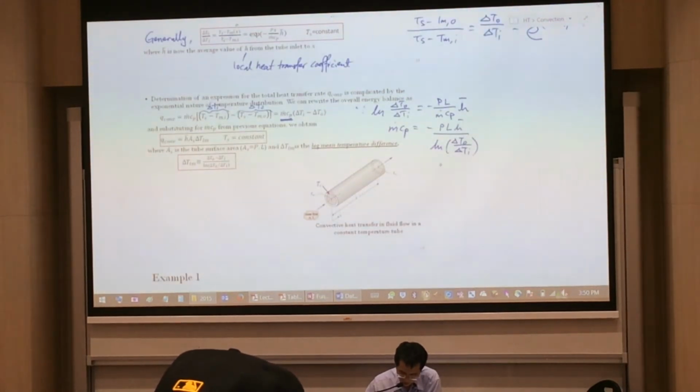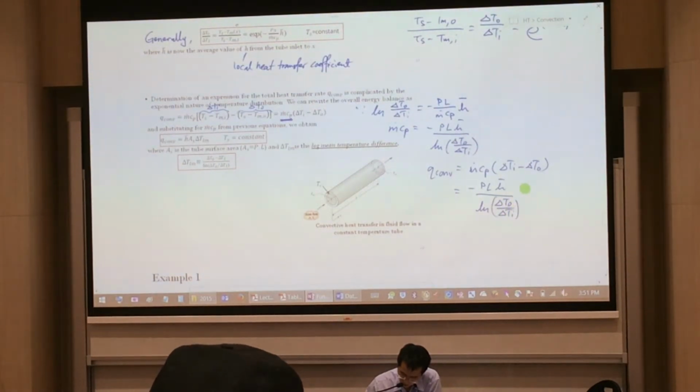So if I were to do that, that means my Q convection, that is m dot Cp times delta Ti minus delta T naught, will be equal to, replacing m dot Cp, minus PL h bar over ln delta T naught over delta Ti multiplied by delta Ti minus delta T naught.